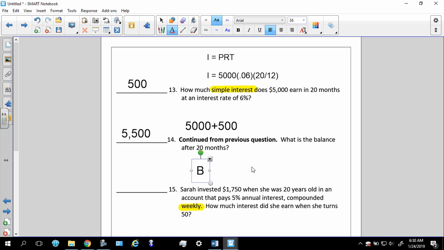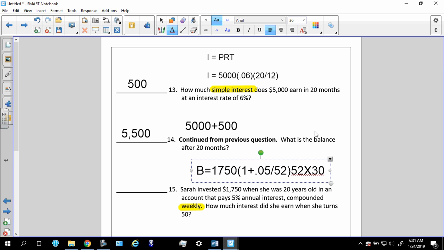Okay, so B is equal to 1,750, I get it right. 1 plus, let's see, the interest rate 0.05, divide that by 52, close parenthesis, and we're going to raise that to 52, and I'll do that in a second, hold on, times 30. Now, the reason it's 30 is because Sarah was 20 years old when the problem started, and they want to know 50.